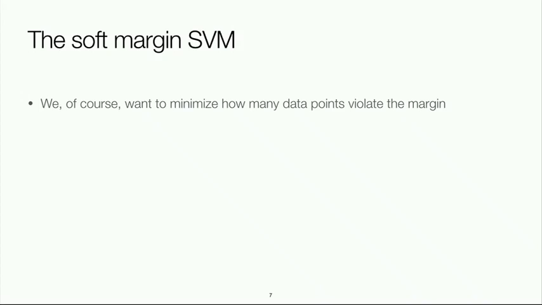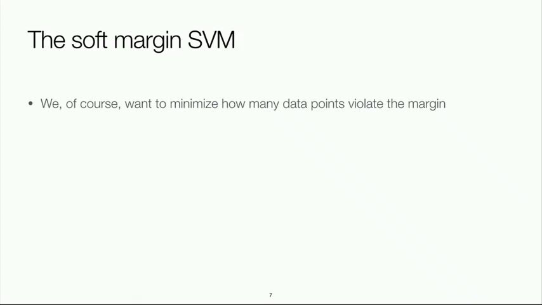But of course, we still want to minimize how many data points actually do this kind of violation. We don't want to just say any data point can do that, because then we're not going to learn anything useful. So now we have these competing objectives. We want to maximize our margin for whatever data points we are correctly classifying, but we do still want to maximize the number of data points that we correctly classify in the first place.